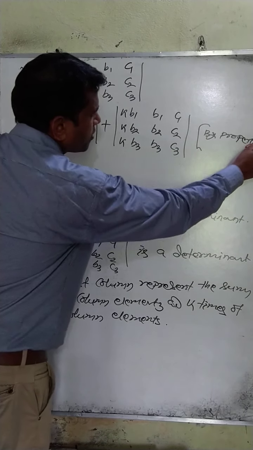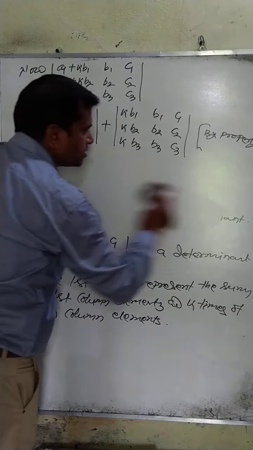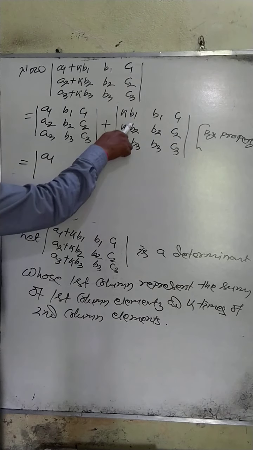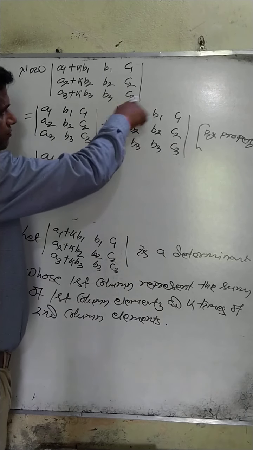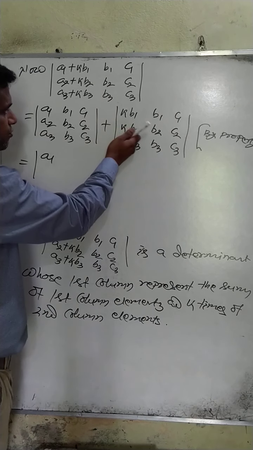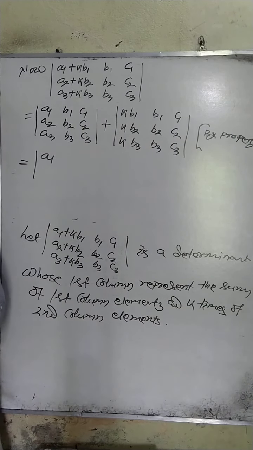Okay, by property 5, since every element of the first column of this determinant is multiplied by a factor k, then we take k outside the determinant.